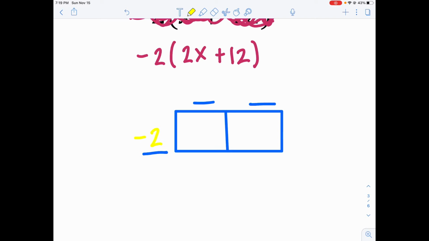The first term in the parentheses goes above the first box, so this one says 2x, so then I'm going to write 2x above this first box. The sign and the number go above the second box, so plus 12 is like a positive 12. That goes above the second box.